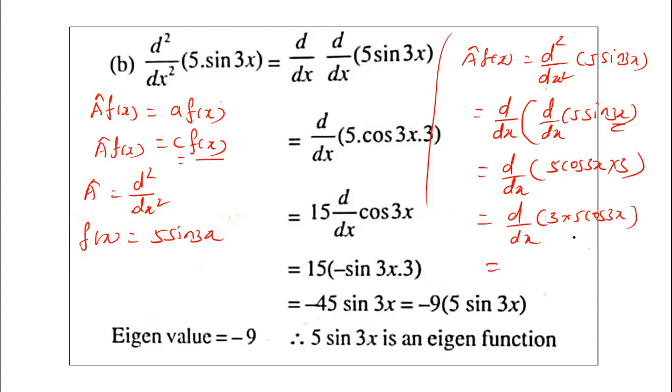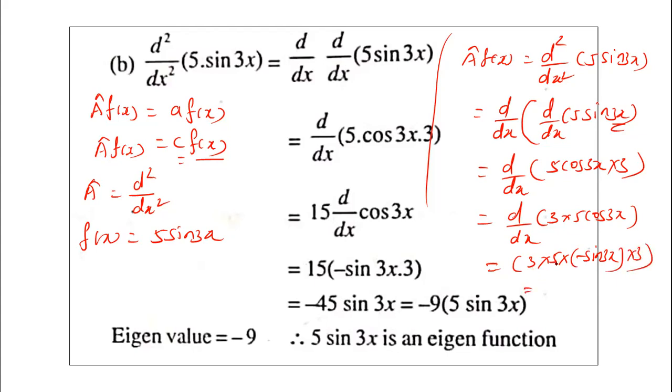Let us take the derivative of this value. The derivative of cos 3x is minus sine 3x. So we write 3 into 5 into minus sine 3x, into the derivative of 3x, which is 3.